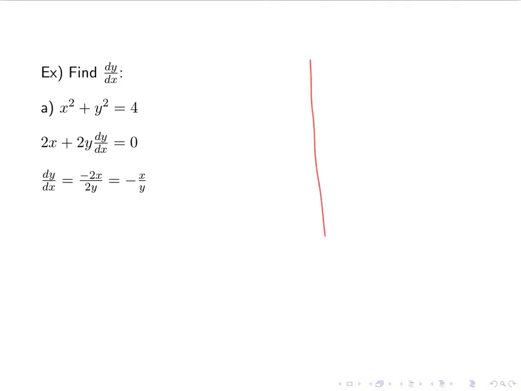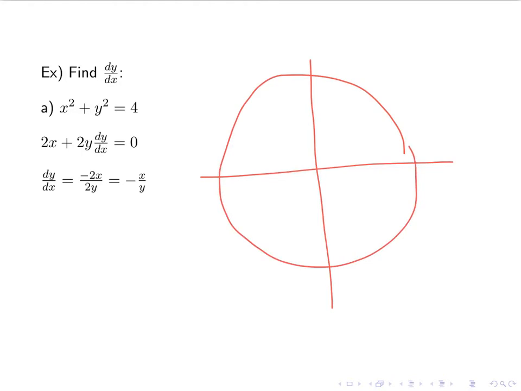So if I were to graph this function, x squared plus y squared equals 4, it is a circle of radius 2, because the square root of 4 is 2. So all of these guys up here are 2 and negative 2. Okay. So if I wanted to find the slope of the tangent line to this guy, the point is 0, 2.